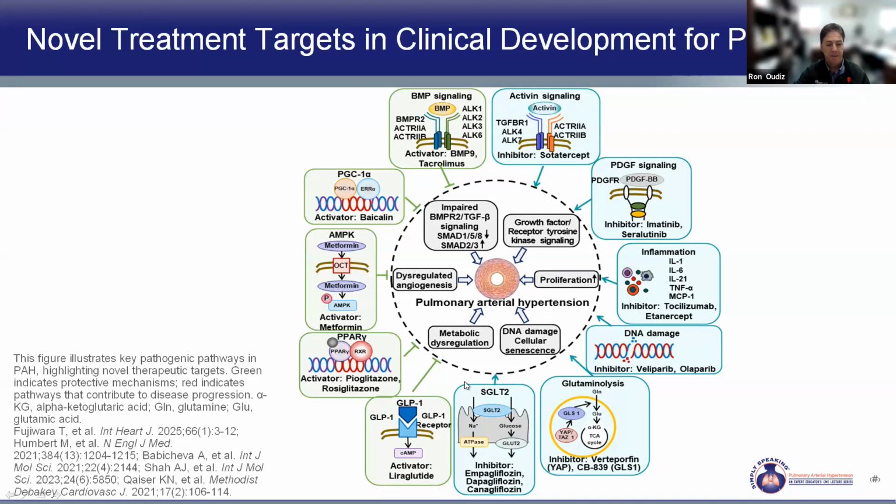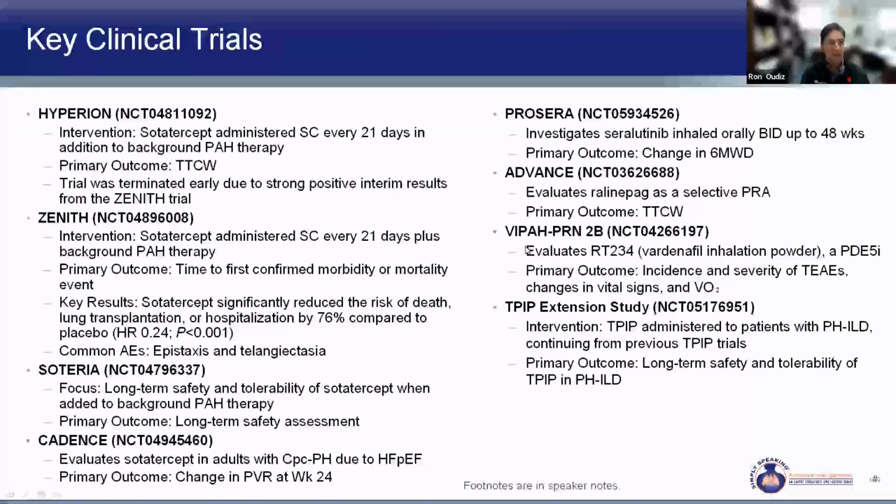We talked about things like the growth factors and proliferation, but also off-target things, PPAR gamma. There's a lot going on here, and these are what form the basis for future therapies and testing of future therapies. But it's still not really well understood how all these things interact in the individual patient.